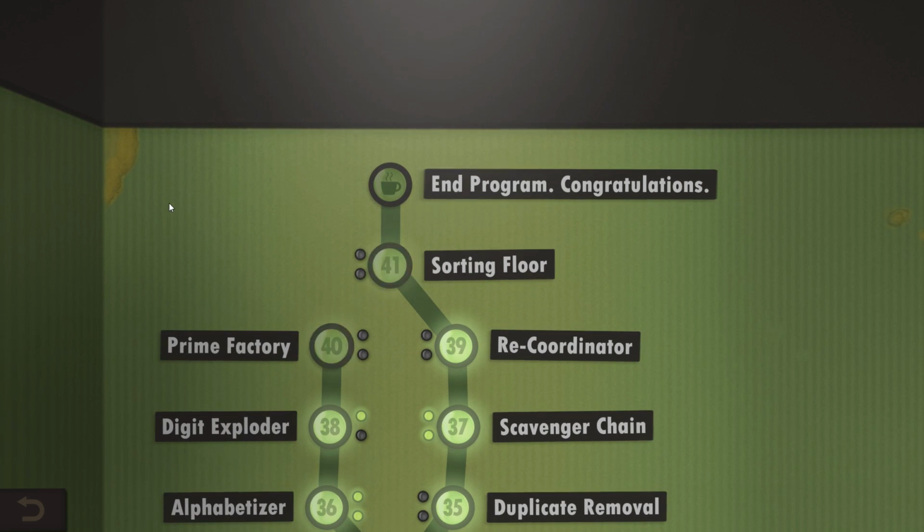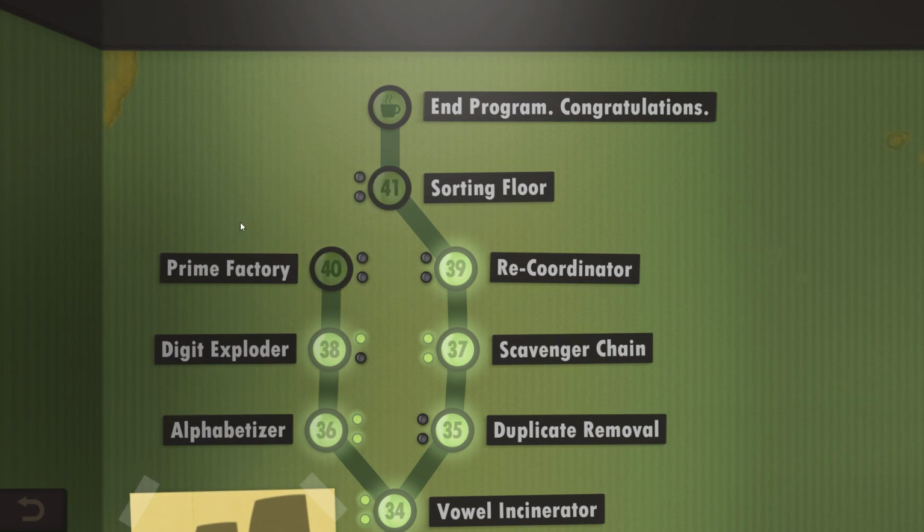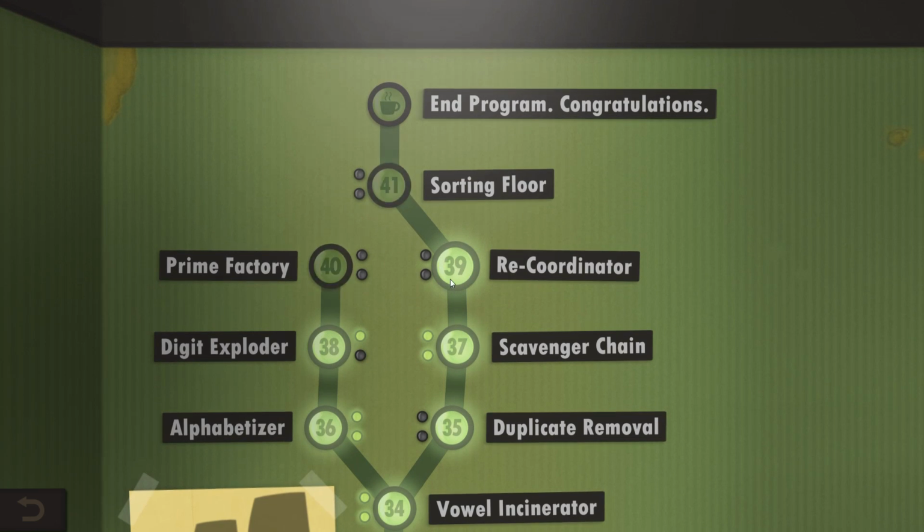Year 40. Prime Factory. This, I'm scared. I'm scared of this. And the previous level is still on my mind.